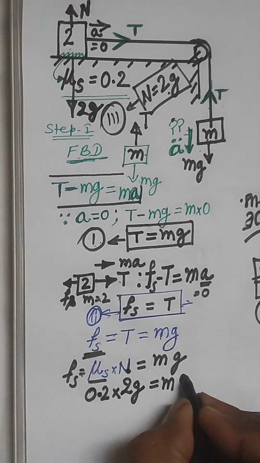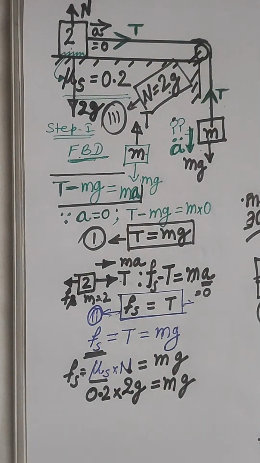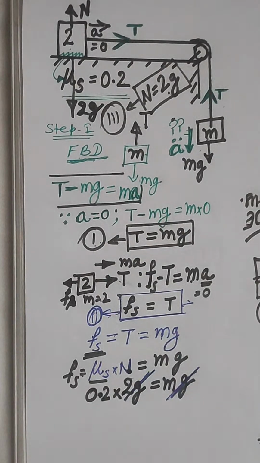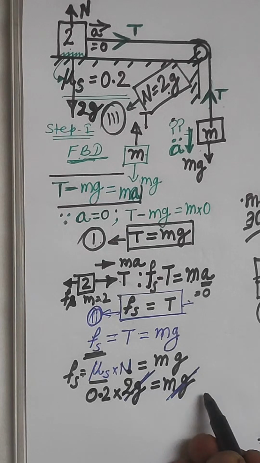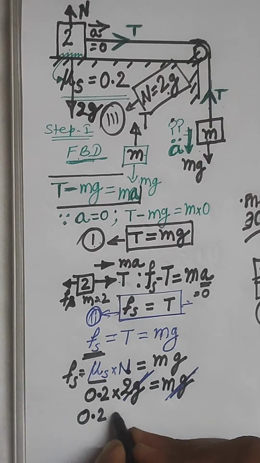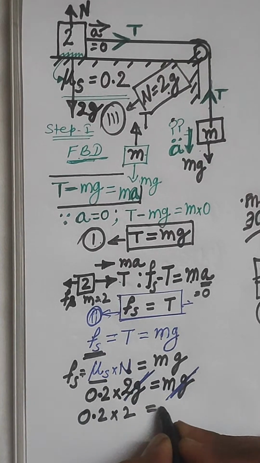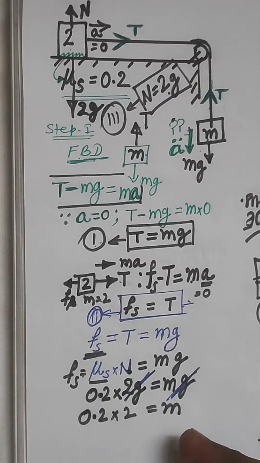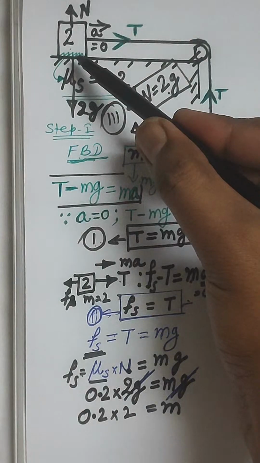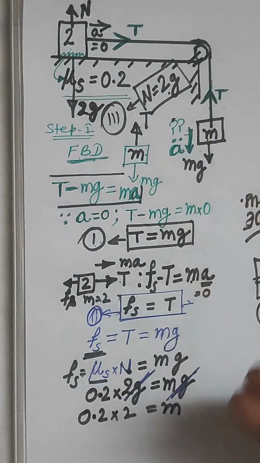m into g. And from here you can see g and g will be cancelled out, because all the terms on the LHS and all the terms on the RHS are in product only. So this will give you 0.2 into 2 equal to the value of the mass which will be holding this 2 kg mass from sliding, right?